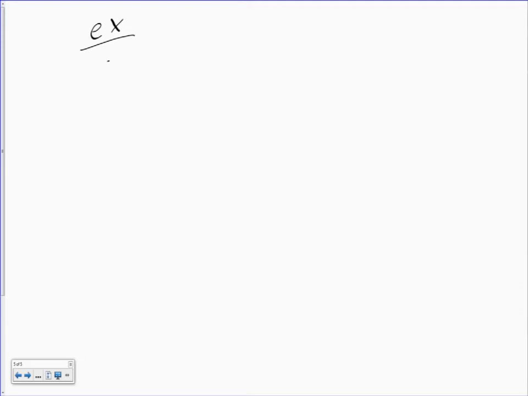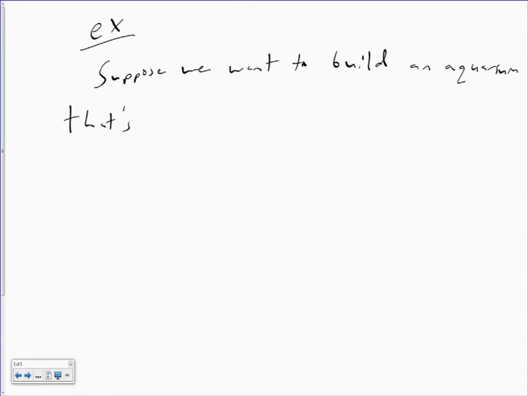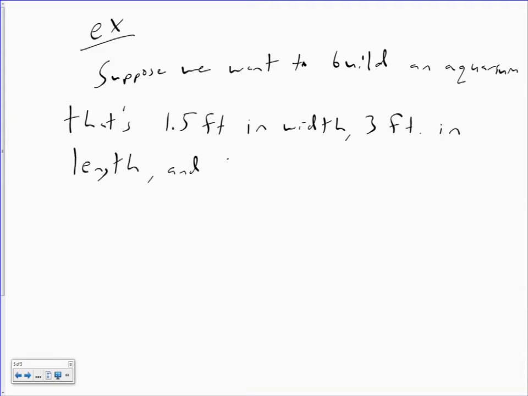Suppose we're going to build an aquarium, and we want it to be 1.5 feet in width, 3 feet in length, and 2 feet deep.